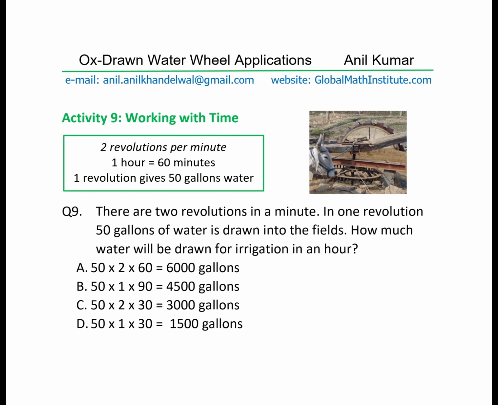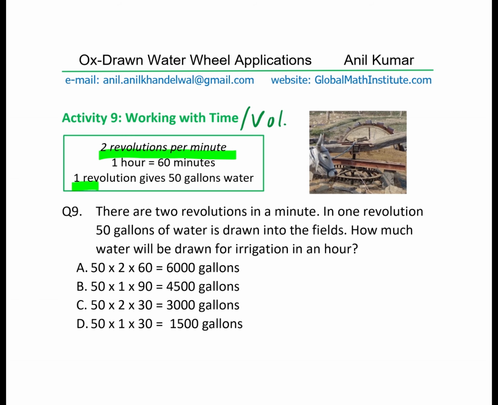Activity 9 is working with time and also volume, right? The information given to us here is 1 revolution per minute. It remains same as it was. 1 hour is 60 minutes. 1 revolution gives 50 gallons of water. So we're now talking about gallons of water. Do you see that?